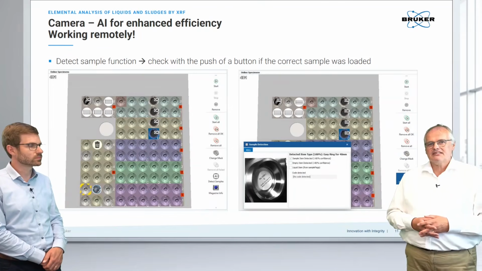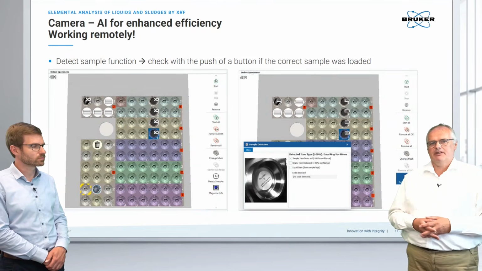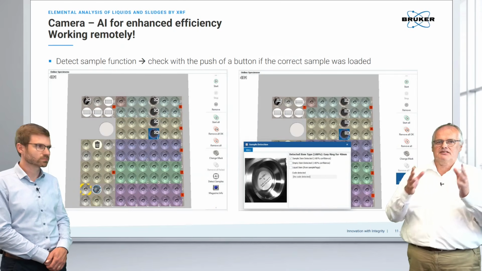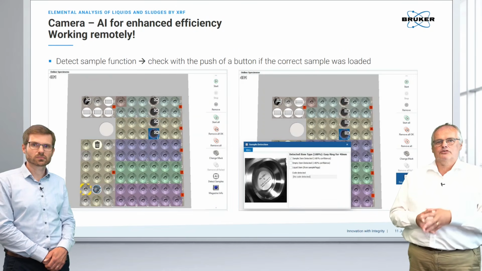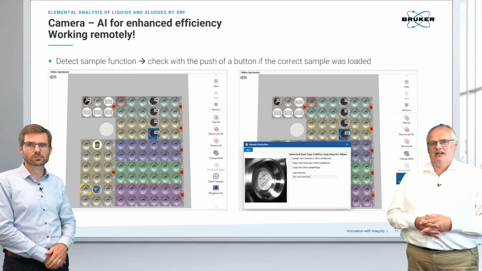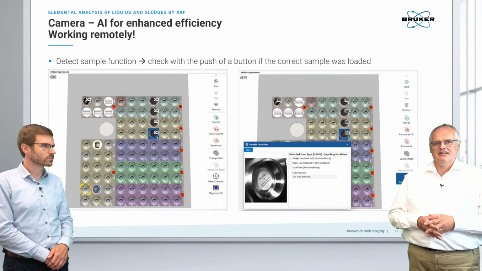And the nice thing when you put this instrument into a cement plant is that you have clinker samples, raw meal samples, and cement samples, and you can define the loader so that it's able to handle the different sample types in different areas, so that routine operation becomes easy.